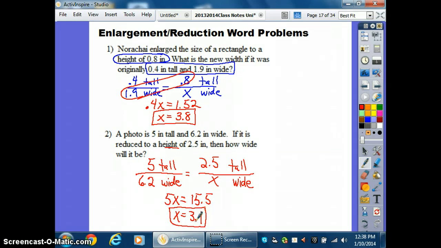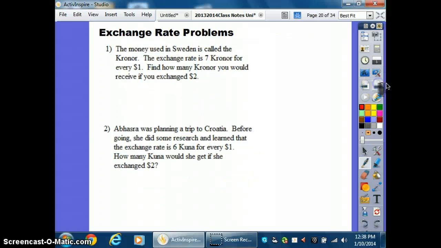All right, next page. The money used in Sweden is called the kroner. The exchange rate is 7 kroner for every $1. Find how many kroner you would receive if you exchanged $2. Oh, brother, this one we surely don't need cross products. But let's just set it up.